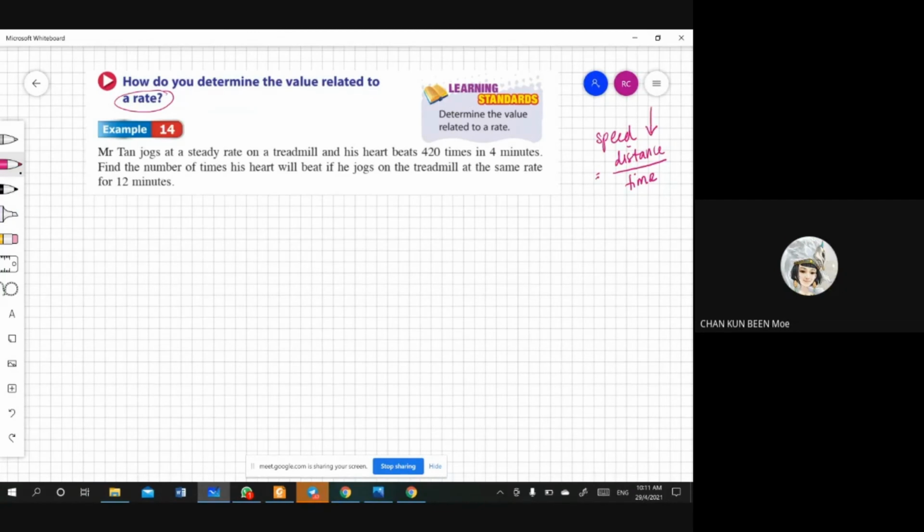And then if he goes back to the straight road without much cars, then he can speed up. Then he is going to increase the speed. Okay, so that is the speed, which is distance over time. And then when you study further, it is actually kilometer per hour. Okay, so that is one of the rate.